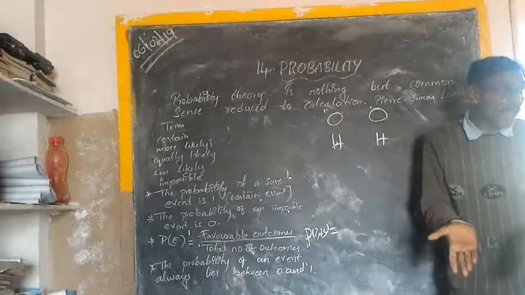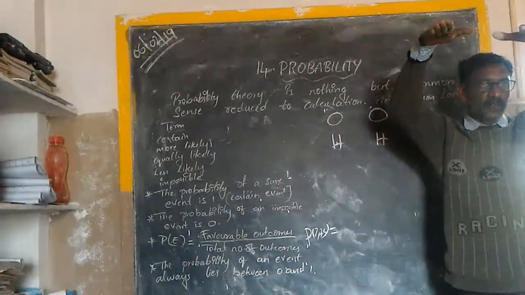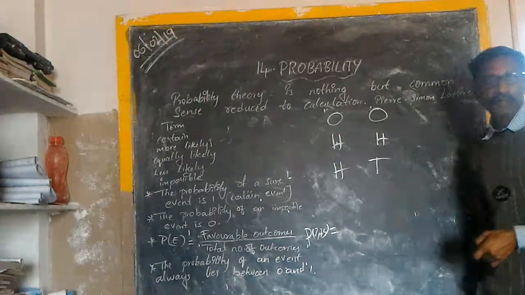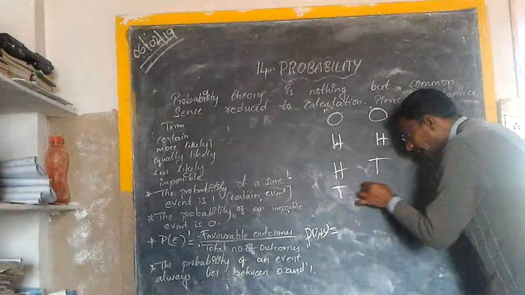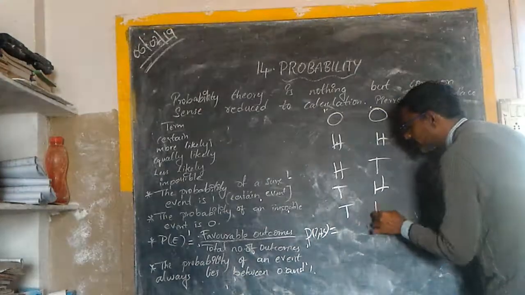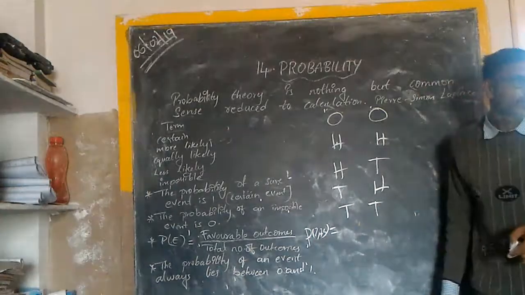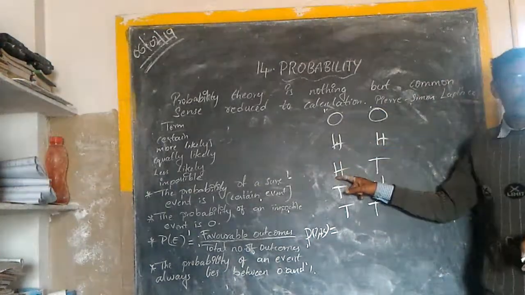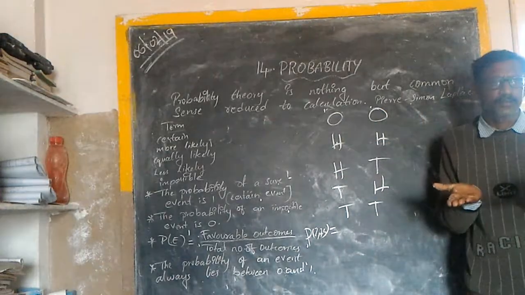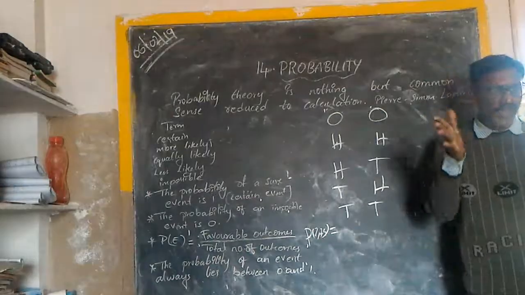Maybe it is not so. Coming down, maybe head and maybe tail. This is head, this is tail, and this is head. Both are tails. Both are heads. One head and the other one tail. Isn't it possible? Do you understand my idea? Yes, sir.